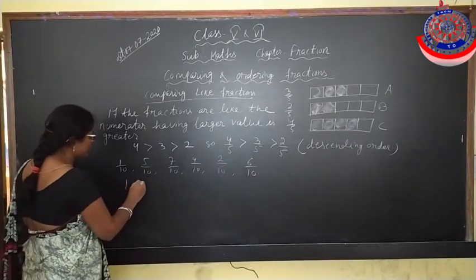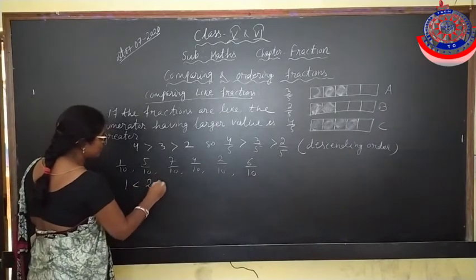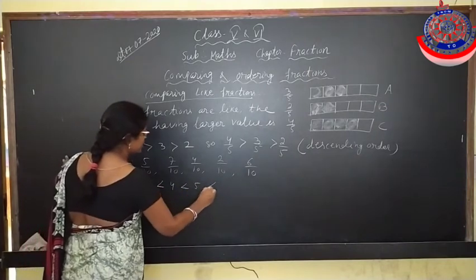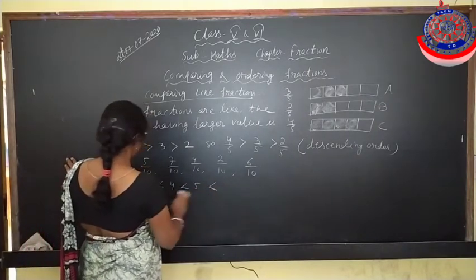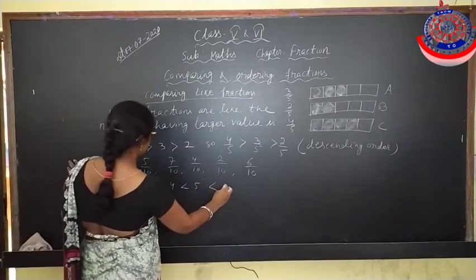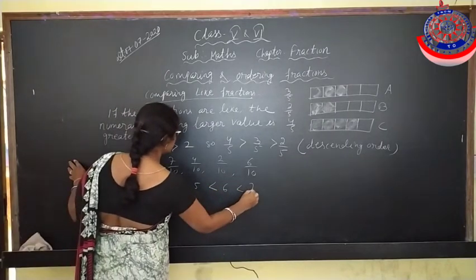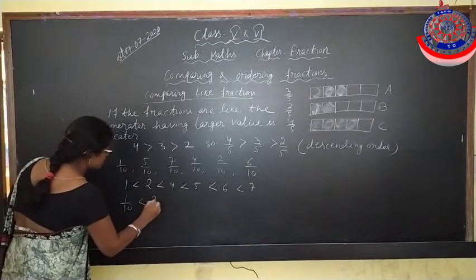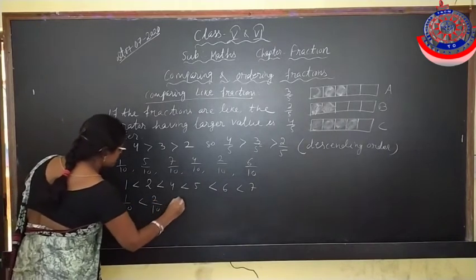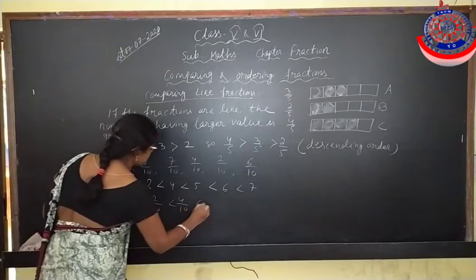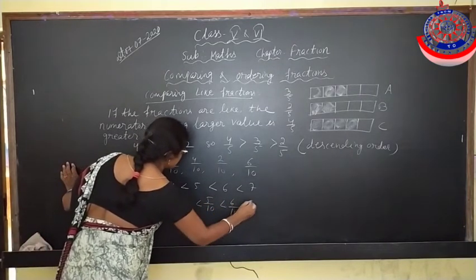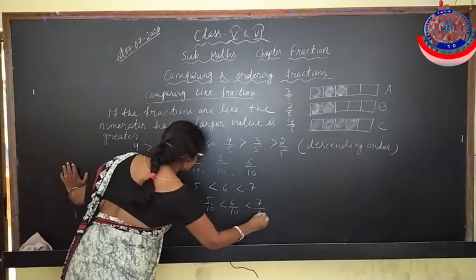That means 1 less than 2 less than 4 less than 5 less than 6 less than 7. That means 1 by 10 less than 2 by 10 less than 4 by 10 less than 5 by 10 less than 6 by 10 less than 7 by 10.